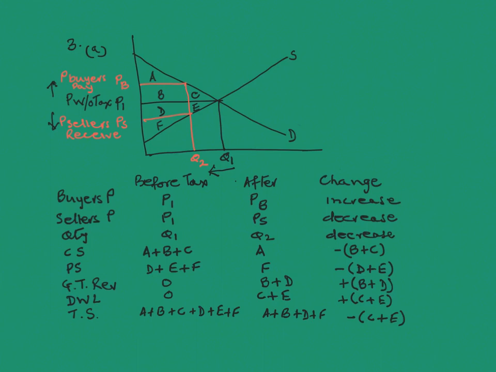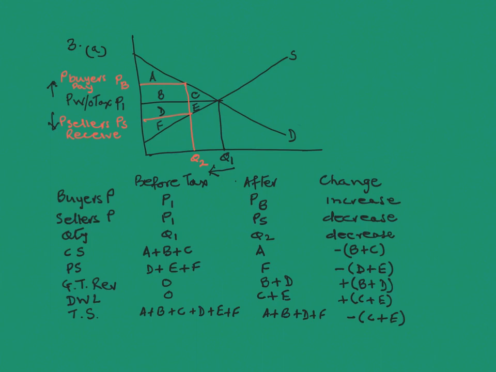Government revenue before the tax, since there was no tax, is 0. After the tax, government revenue is the area B plus D. Therefore, the change in government revenue is positive, the area B plus D. Deadweight loss before the tax was 0 because the market was efficient at the equilibrium point.